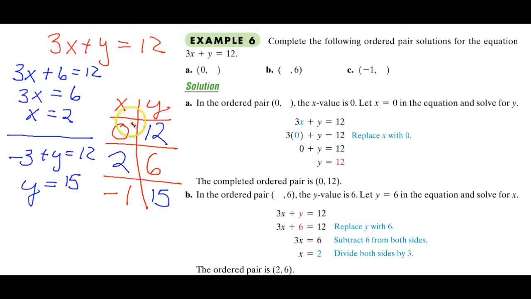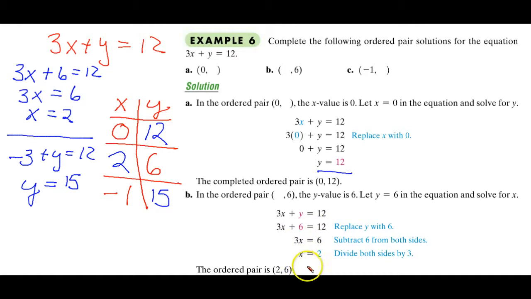So what we have done, by the way, is taken 3 possible points and find the missing member by putting it through substitution into our original equation, solving then for the other letter, and organizing our data in a T-chart. So for the first one, we got a 12, right there.